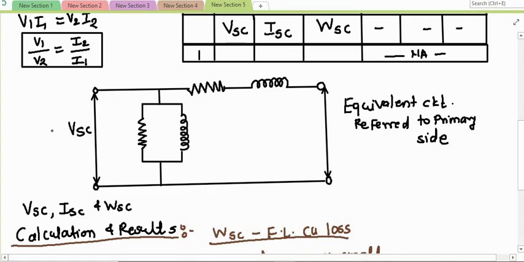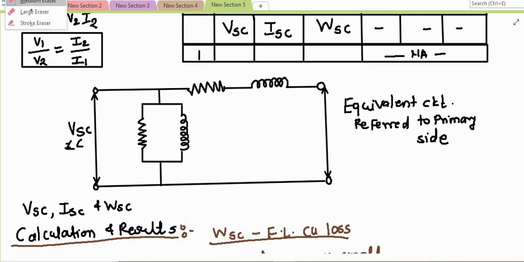The current component I0 is negligible. As the applied voltage is very, very small, the current I0 is negligible in comparison to the load component of the primary current, right? That's why I will omit the shunt circuit consisting of R0 and X0.